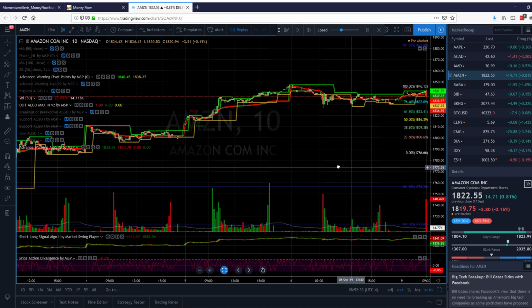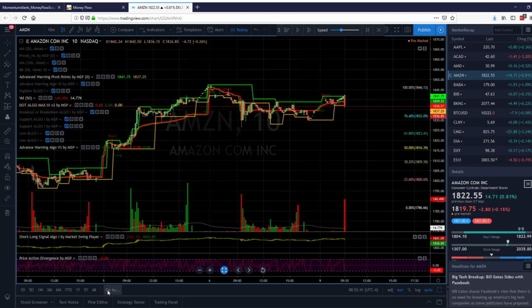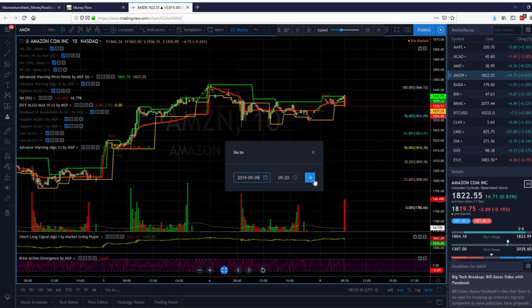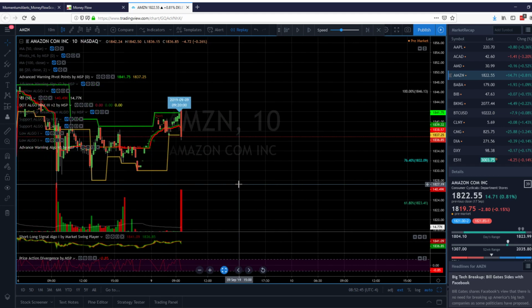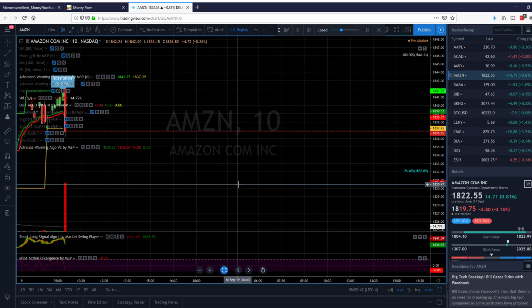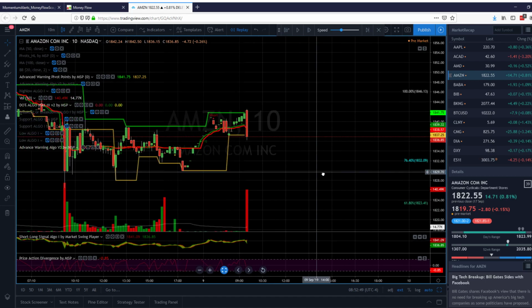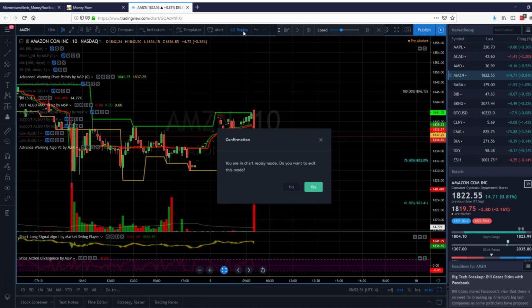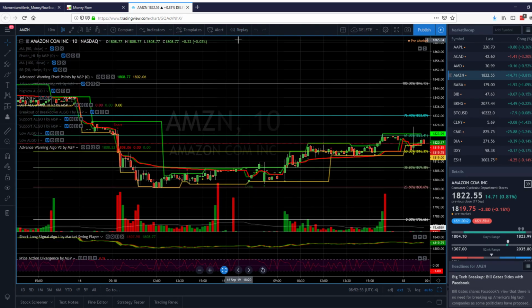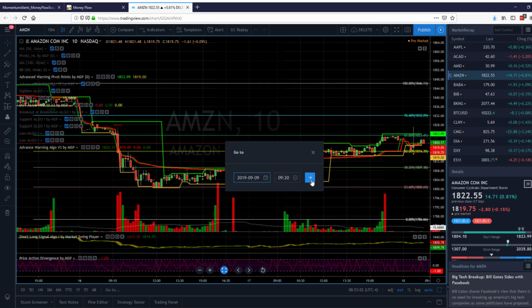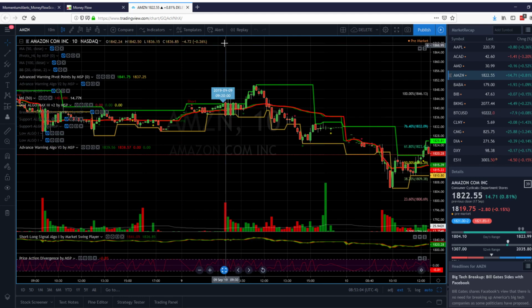So this is what it would have looked like at 0920. Let's zoom that in a little bit. I want to show the actual view of the 0920.